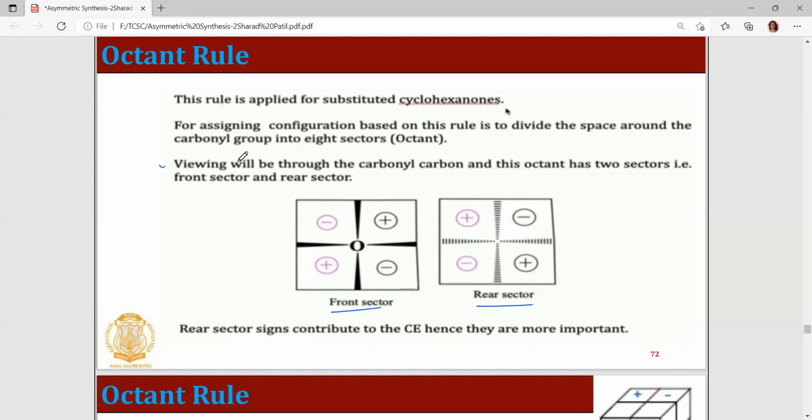Before that, let's read: the wing goes through the carbonyl carbon, and the octant has 2 sectors, front and rear. Rear sector signs contribute to the Cotton effect, hence they are more important.